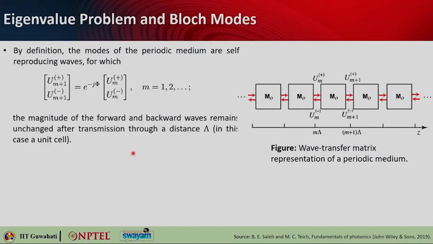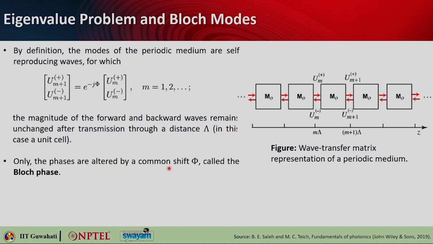What is important is that this phi is the phase accumulated over the distance of the period, and the period is nothing but capital lambda. There is a name to this phase. The amplitudes are altered by a common phase shift phi, and this phi is called the Bloch phase.